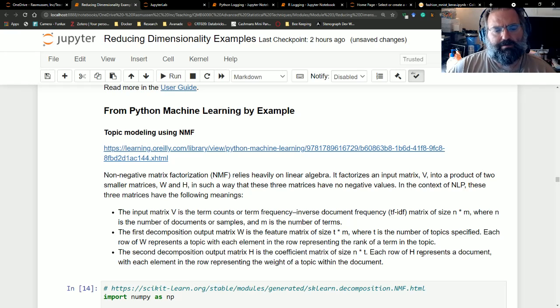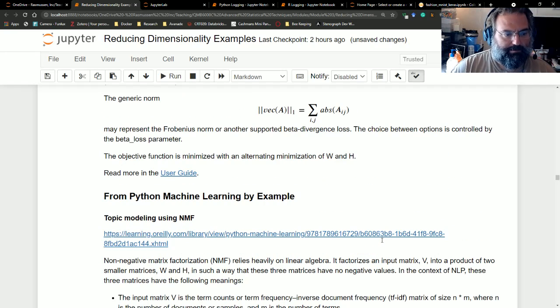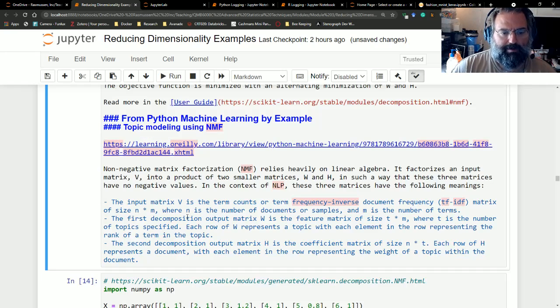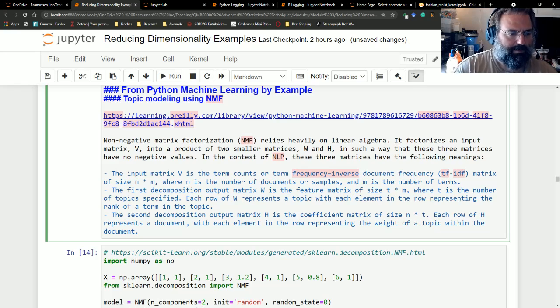That's the other thing, some of these things seem to be so tightly coupled to certain problems. Like topic modeling and NMF, it's hard to find something that talks about it without talking about NMF, right? And it's hard to find something using NMF that's not topic modeling. Okay.